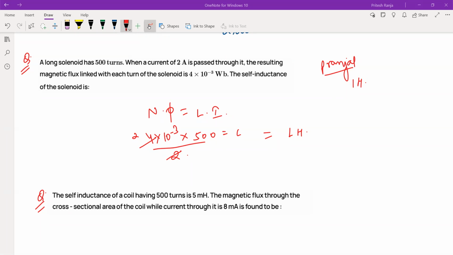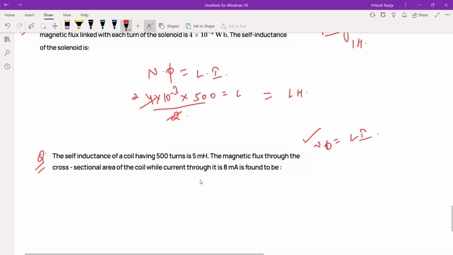That is 8 into 10 to power minus 10. Yes, that is correct. So here also the idea is simple. We use the same expression, n phi is equal to L into I. So we will get the answer.